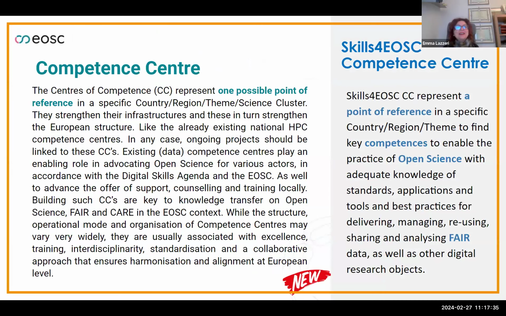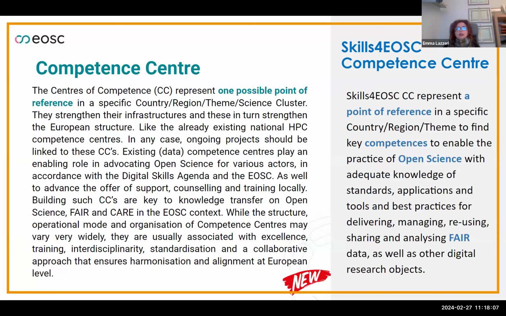This slide shows you the current definition of competence center on the left in the SRIA 2023, and the one that comes from our project study. So we define Skills for IOSC Competence Center as a point of reference in a specific country, region, or theme, where people can find key competencies to enable the practice of open science.